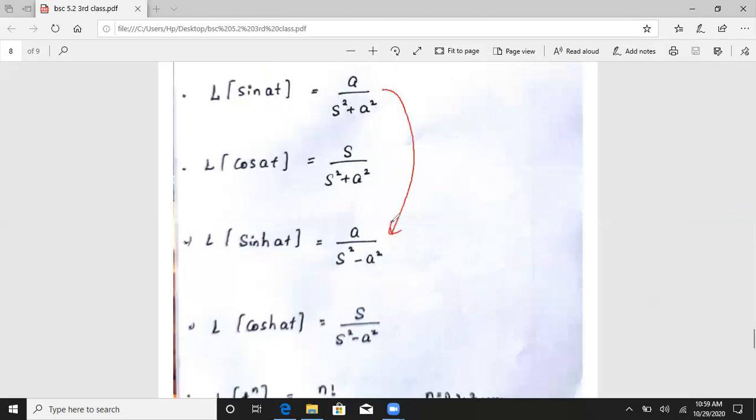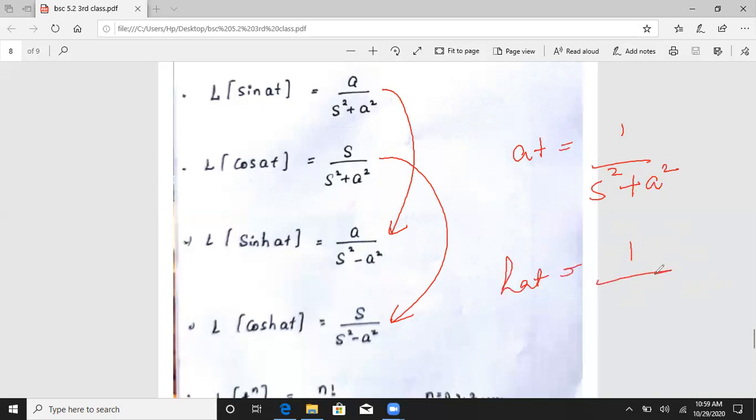In the normal form the denominator is s square plus a square, and for the hyperbolic function the denominator is s square minus a square. You have to remember these two functions. When sine is there, in the numerator we write a. When cos comes, in the numerator we write s.